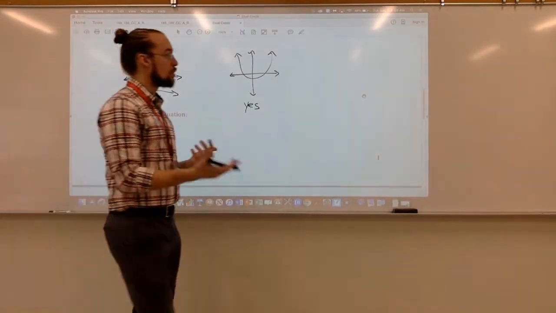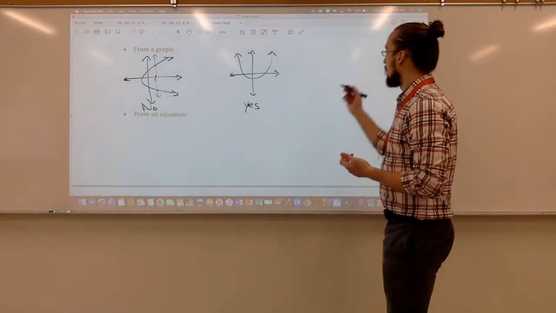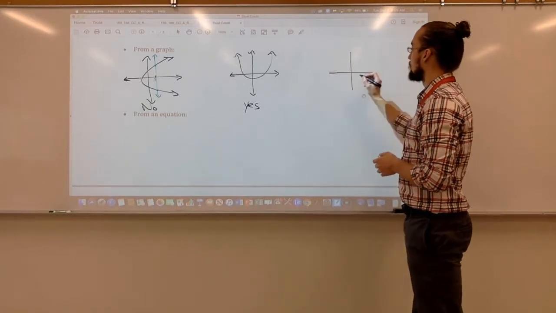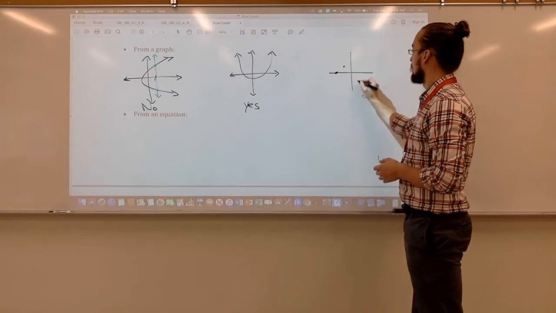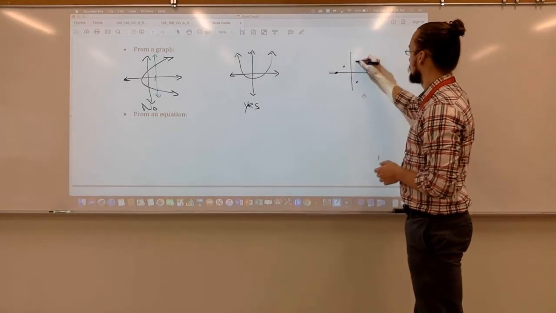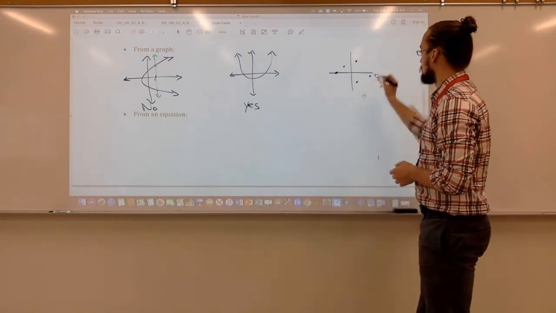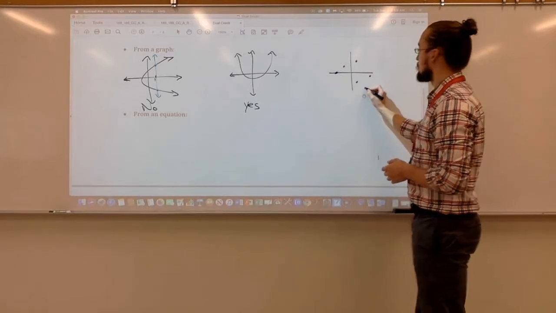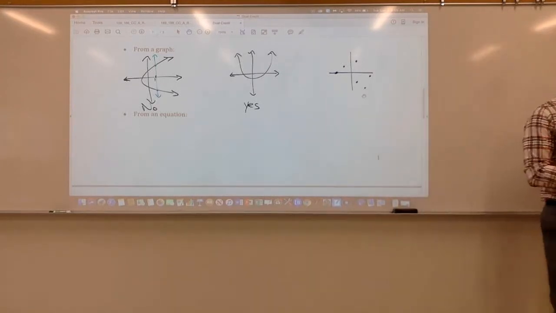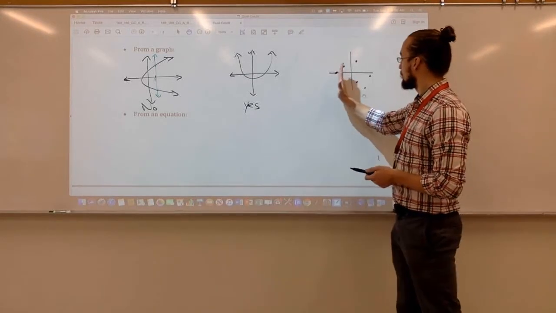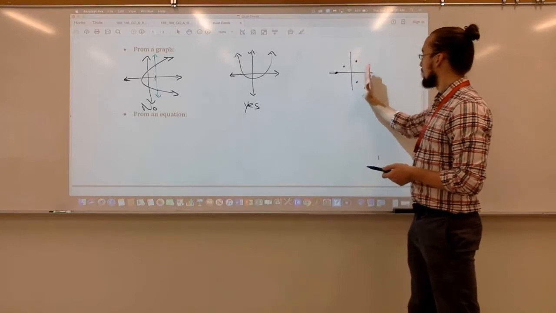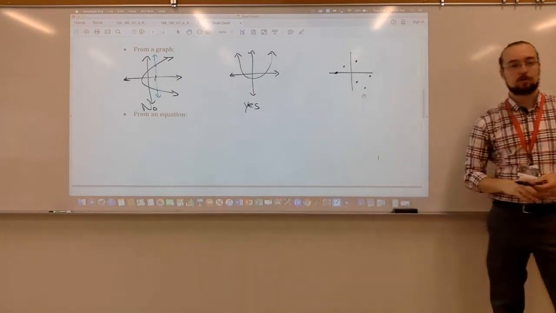Now, you will also see things like this with just points drawn on the graph. So you could have something like this relation, and we want to know, does this pass the vertical line test? Is this a function? All we want to see is, do any of these points have the same x value?